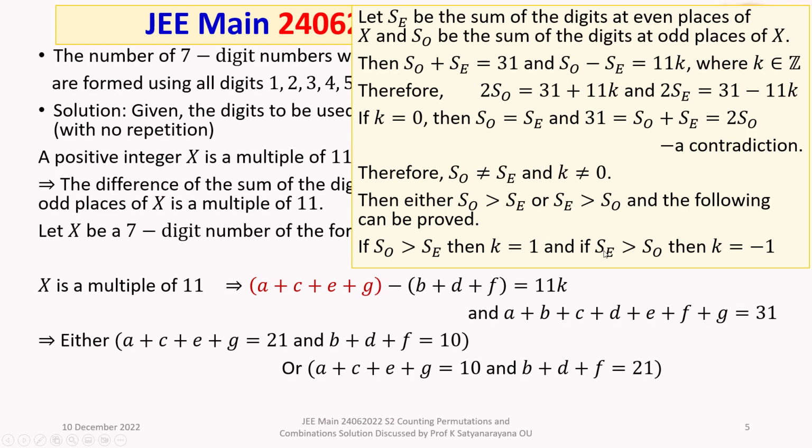And if SE is greater than SO, then k is equal to minus 1 is the only solution. When k is equal to 1, this is the either case. When k is equal to minus 1, this is the or case. So that is the conclusion that you can draw, and this is how you can draw these two conclusions.